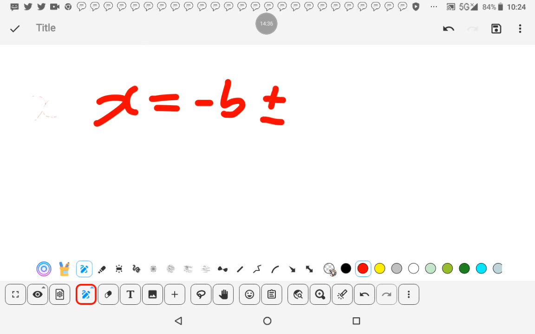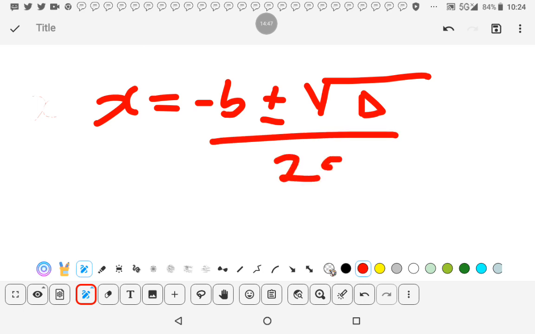One will go for minus, one will go for plus. Then the square root of d over 2a.